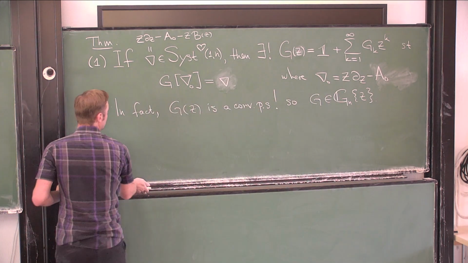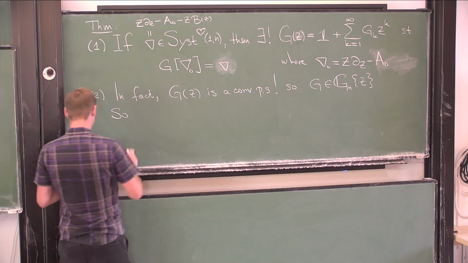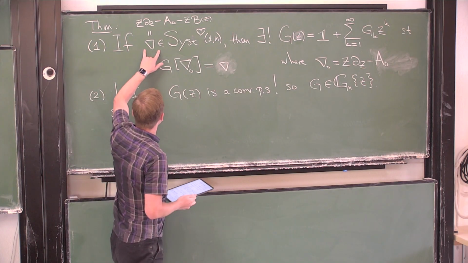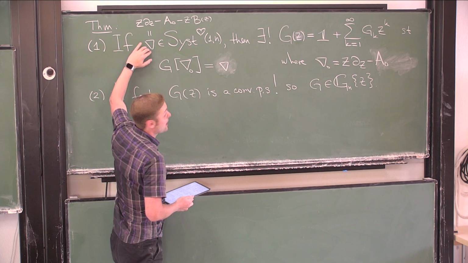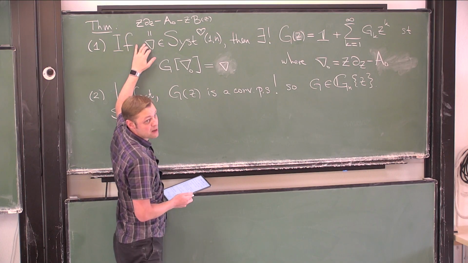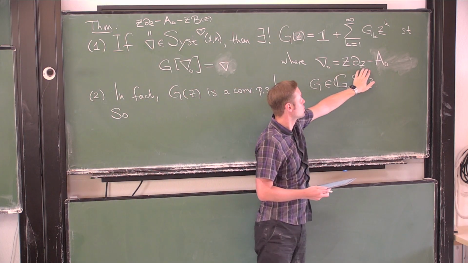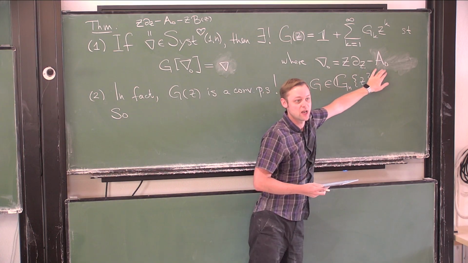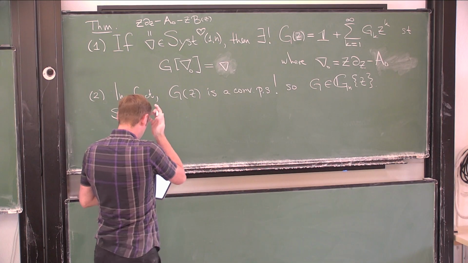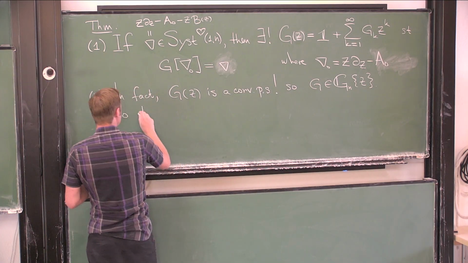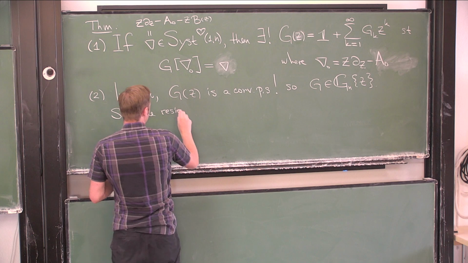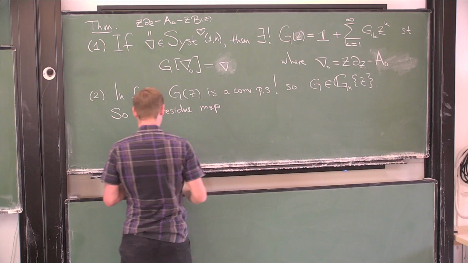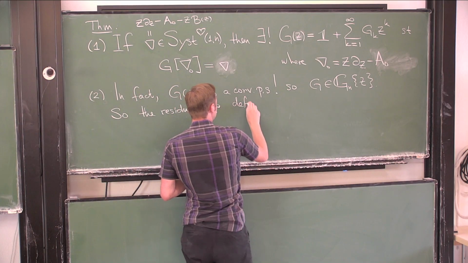And so what that means is that any non-resonant system nabla is gauge equivalent to a standard form of this type, where you just have the residue matrix. So one way you can say this is that the residue map defines an isomorphism.